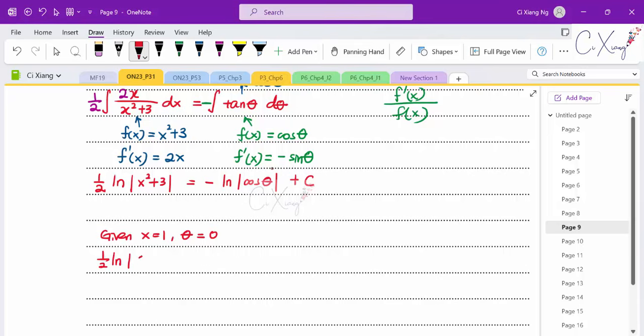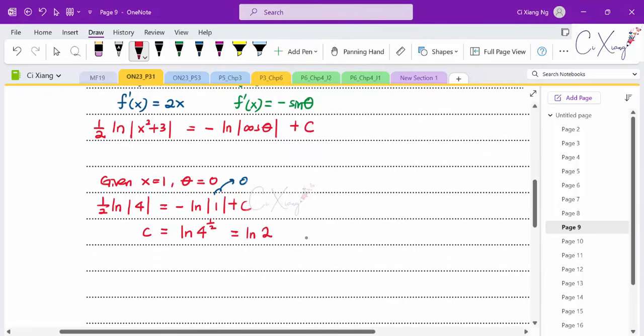So we are having 1 plus 3, which is 4, equals negative ln cos 0, which is 1, then plus c. Again, ln 1 is 0. Therefore, from here, you can get c equals half ln 4. Half ln 4 basically also means ln 4 power half, which equals ln 2. So you get the value of c, which is ln 2 already.